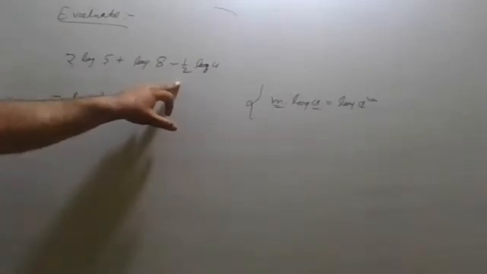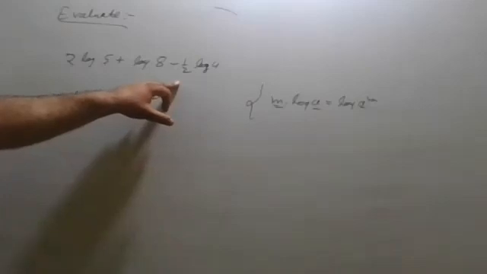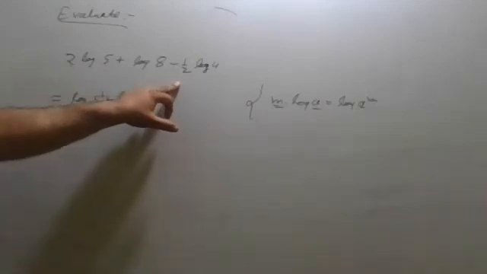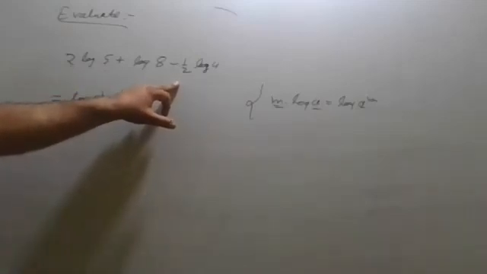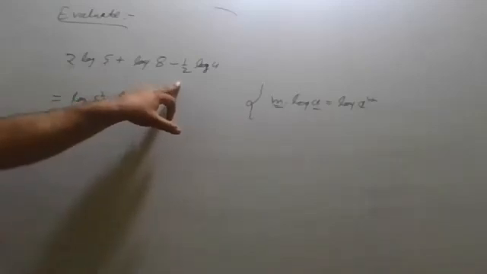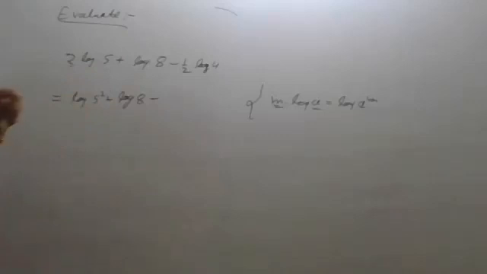What is the formula for log a plus log b? Log a plus log b equals log a into b. So to use this form, we have to first remove the coefficient. That's why we are removing the coefficient.